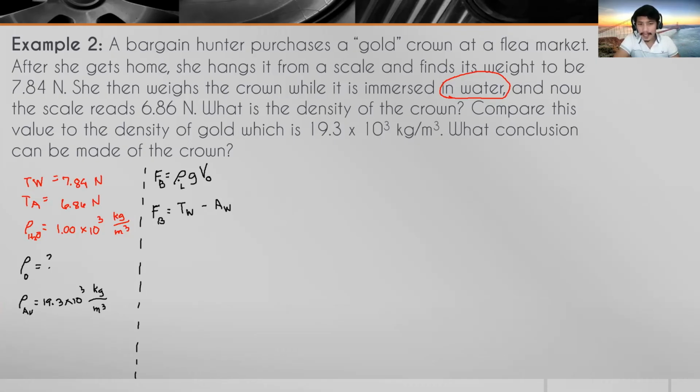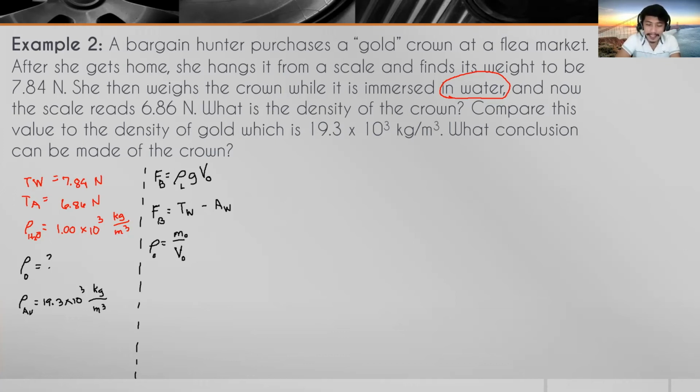There is no density of the object here. So how do we solve for the density of the object? Let us go back to the other equations. What other equations do we have for density? We know that density is equal to mass over volume. So if this is the density of the object, this must be the mass of the object, and this should be the volume of the object.